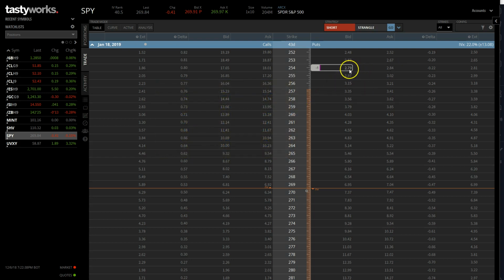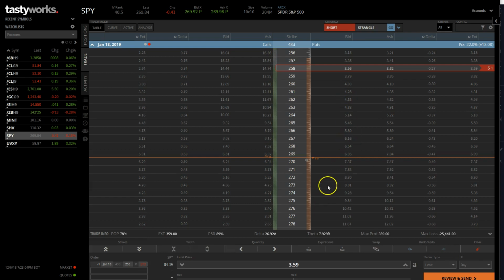So for example, let's say I want to sell the 258, and this is the price that I will be getting for that strike price. If I wanted to buy, I would have to pay this price. So let's see. If I want to sell this one, I click once, and here it gives me the price.